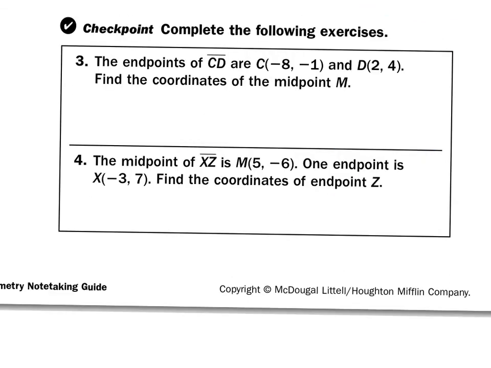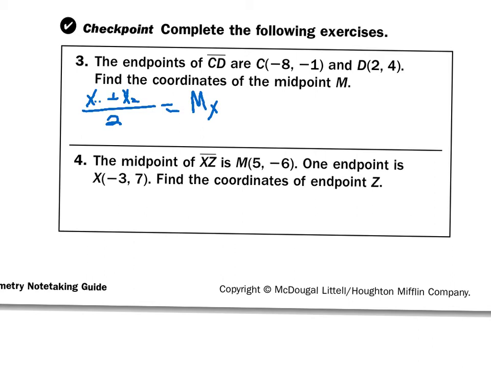Okay, on this checkpoint, they give you the 2 endpoints, so you are going to add up the x values, x1 plus x2, divide by 2, and you get the midpoint x, and then you're going to do the same thing with the y.